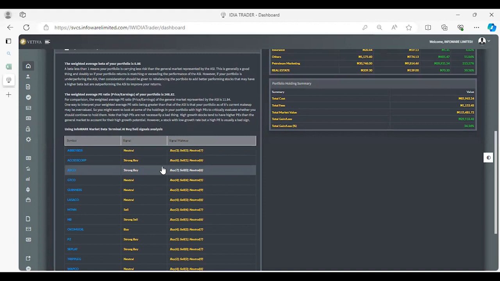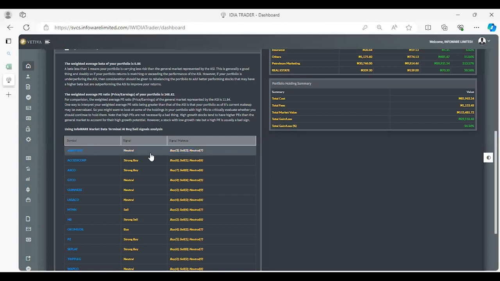So because of that, the AI now, using the InfoWARE Market Data Terminal, gives an AI buy signal. Previously, the previous speaker gave a detailed demonstration of the AI experience using the IMDT. Now, the IDIA trader is built on IMDT, so based on all of this AI on the IMDT, how can I advise you as an investor on how to make sense of all this in simple layman terms, without any need for complex jargon?